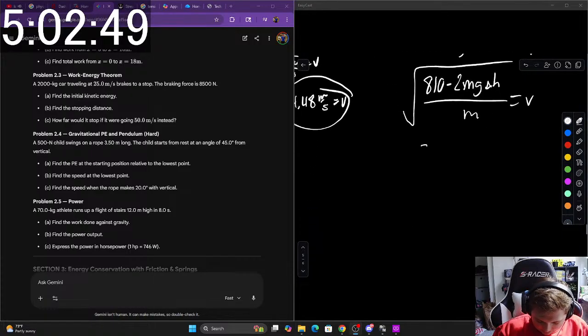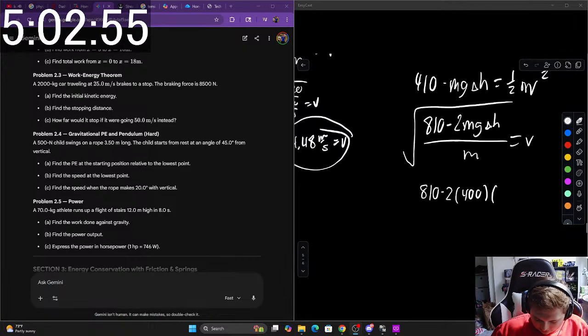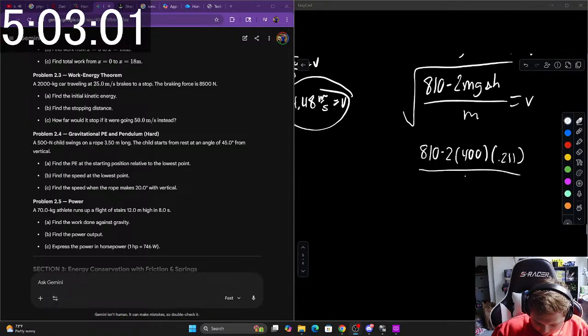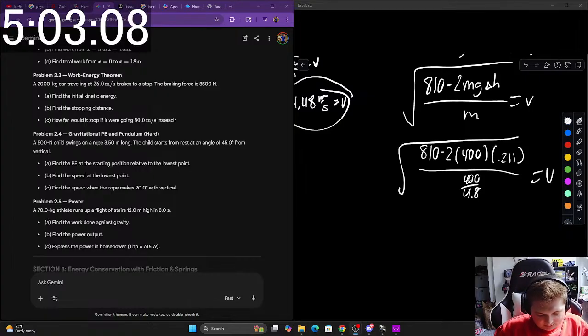Okay. 810 minus 2 times 400 times change in h, which is this 0.211, over mass, which is 400 over 9.8. Hopefully this comes out pretty, because if not, it's because of the crash.